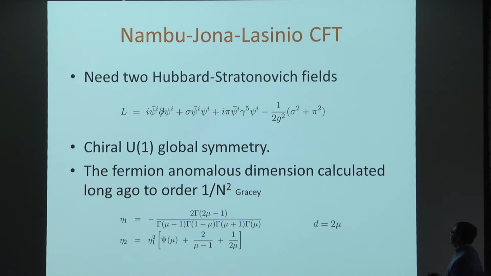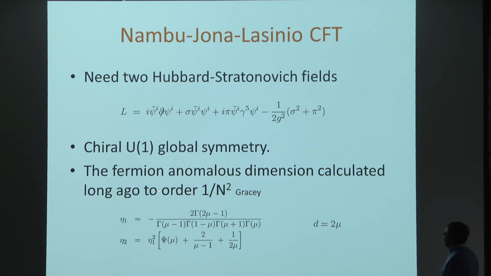So there is only this extra gamma 5 interaction, but we shouldn't be scared of it because, for example, this also appears in just the Wess-Zumino model, and there is a pretty standard way to treat it. So the difference is that it has an extra chiral U(1) symmetry compared to the Gross-Neveu model.